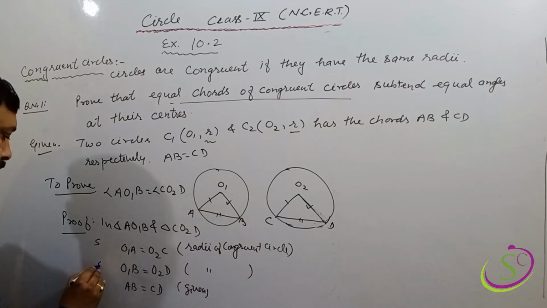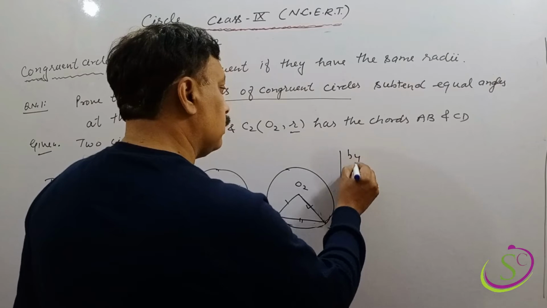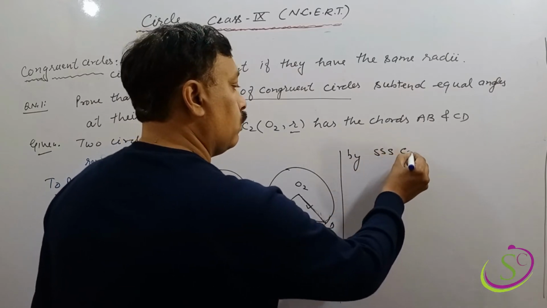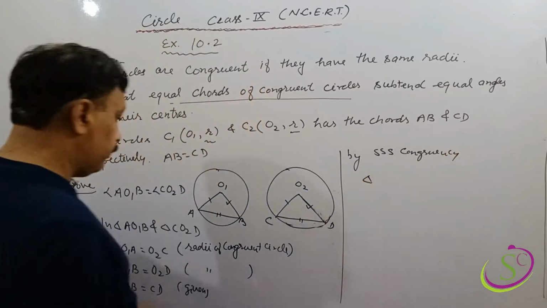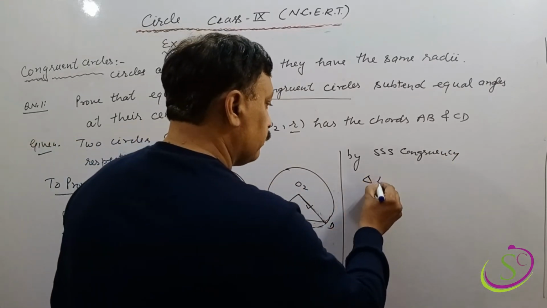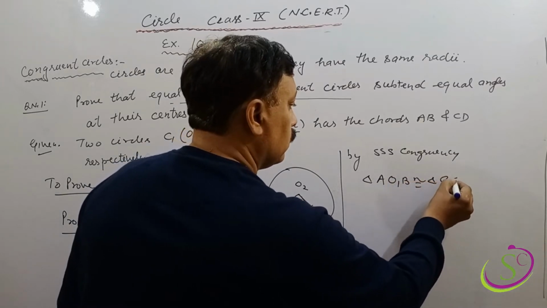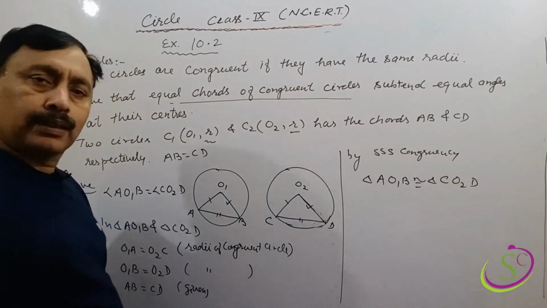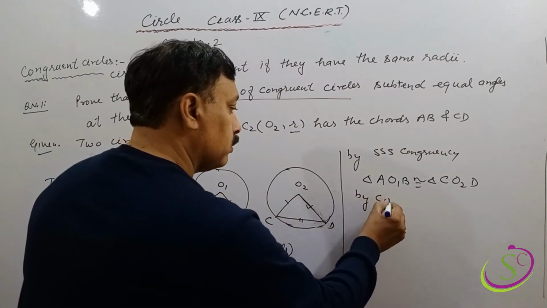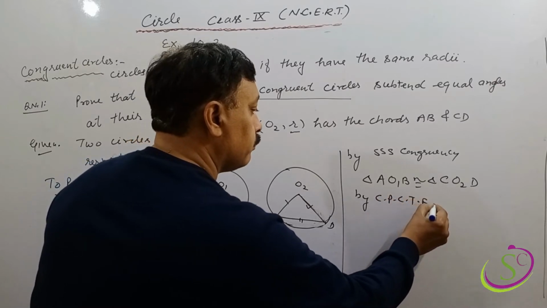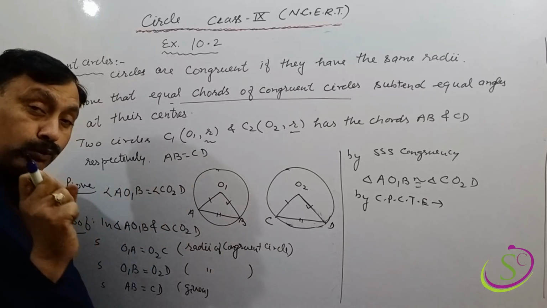By side side side congruency, triangle AO1B is congruent to triangle CO2D. Clear? By CPCTE, देखिए, corresponding parts of congruent triangles are equal.